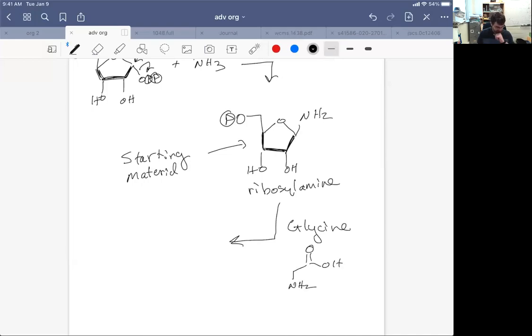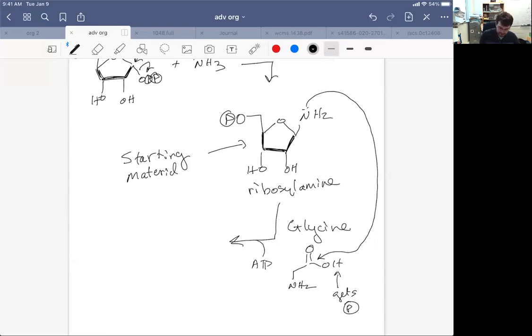And to do that, we're going to have the glycine first get phosphorylated to make an acyl phosphate, so that the nitrogen on our ribosylamine can add here, as that will be the electrophilic carbonyl if instead of an OH, that was an O-phosphate. So that's a reaction with ATP.